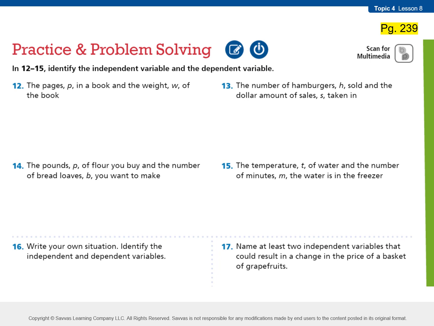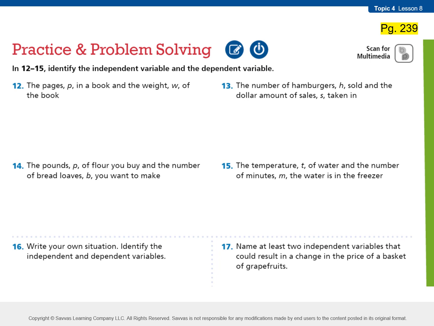Number 12. The pages P in a book and the weights W of the book. Which one do you think is going to have the biggest change? So depending on how many pages are in a book, does that affect the weight? Or is the weight just by itself and it does not matter how many pages are in the book?